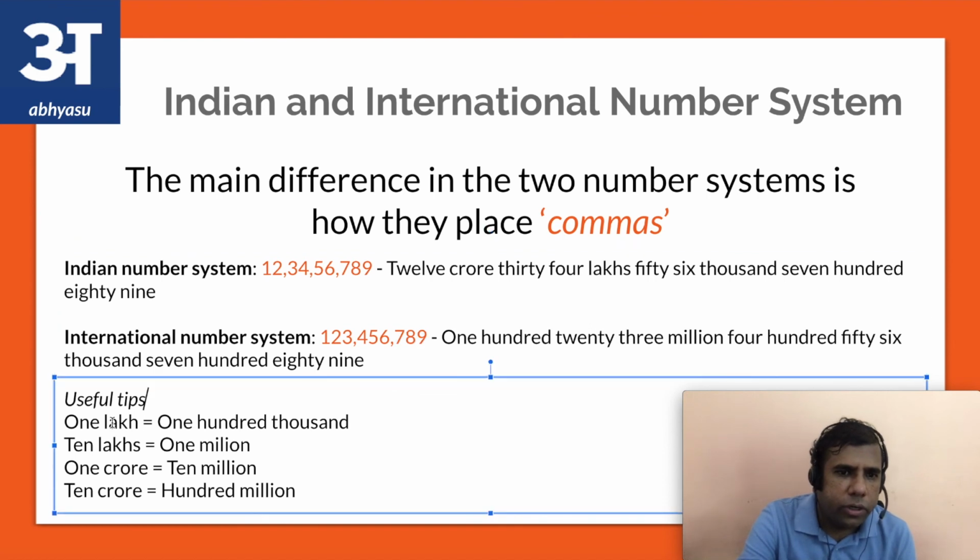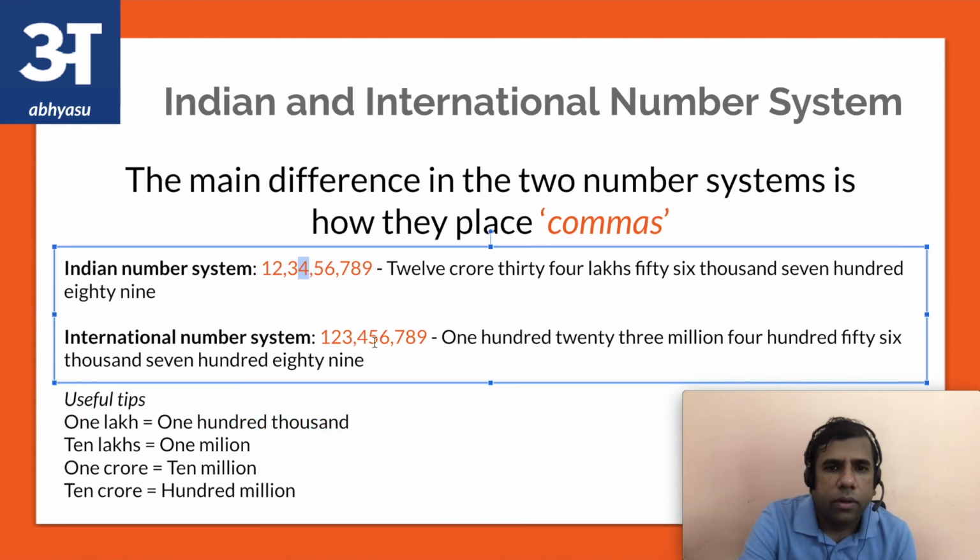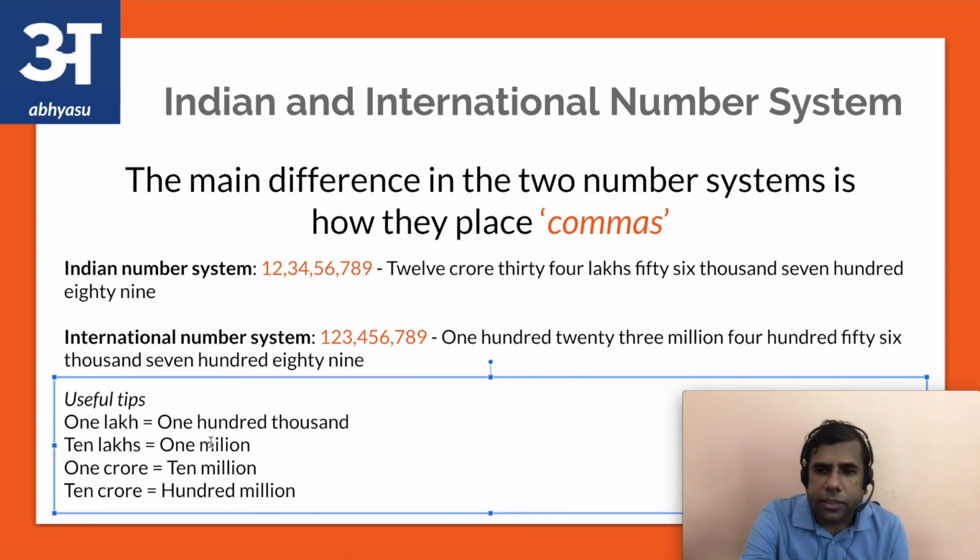A few useful tips. 1 lakh is same as 100,000. So in this case, the lakh place is here at 4 and the number over here is 100,000. So 1 lakh is 100,000. 10 lakh, the next place is 1 million.